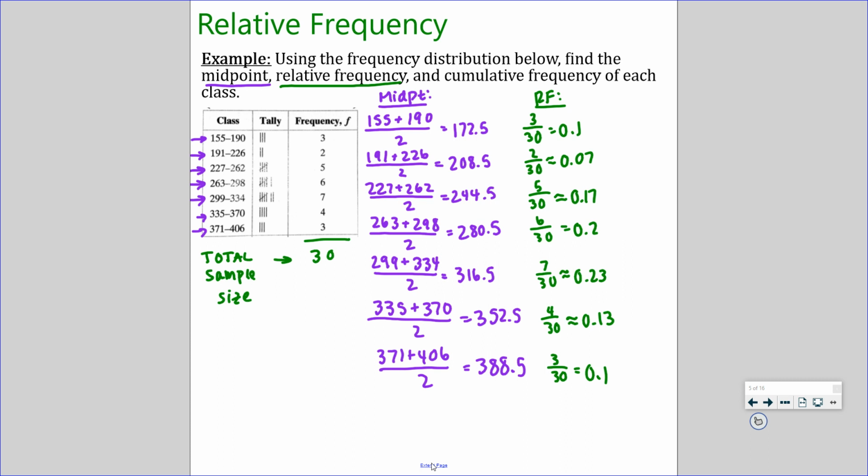Cumulative frequency, lastly, is the accumulation of all the previous relative frequencies. All right, so after class 1, we only have 3 total frequencies, so that would be 3. Do I add up relative frequencies? Let's do this. Let's do 0.1.